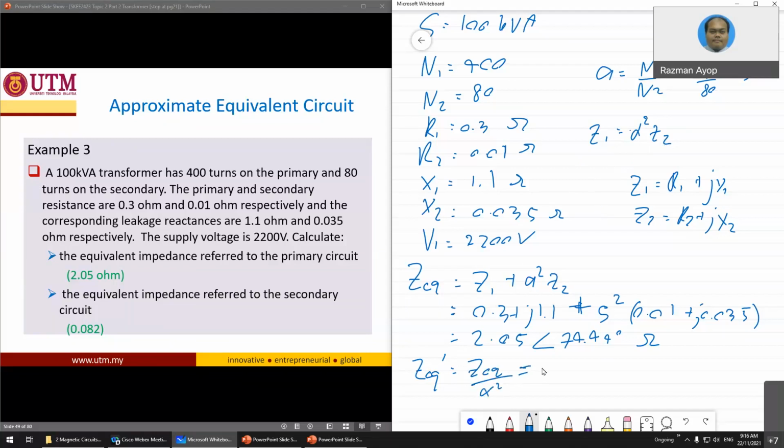ZEQ is 2.05 angle 74.44 divided by 5 squared. So you get 0.082 angle 74.49 ohm. That is how you calculate the approximate circuit.